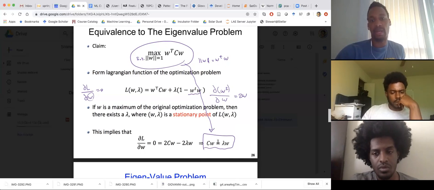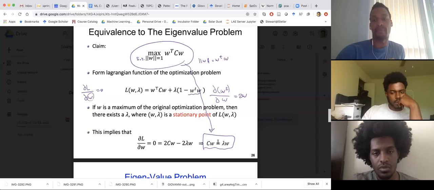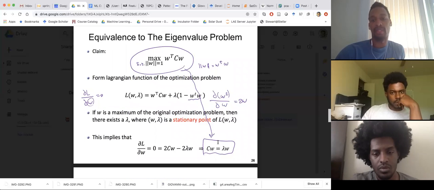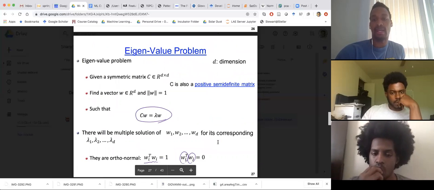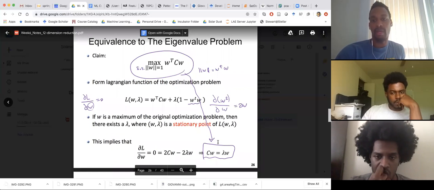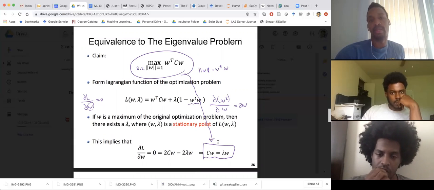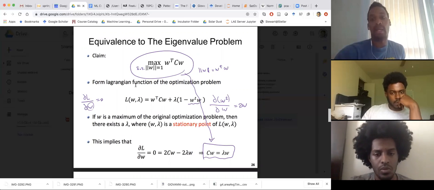Yeah. And what we're going to see from here, and it'll be shown in the next few slides, is that if you look at this equation, CW equals lambda W, and you plug it back into that maximization function here.